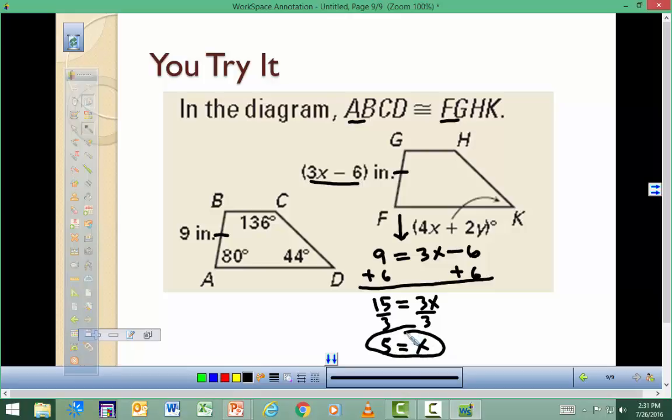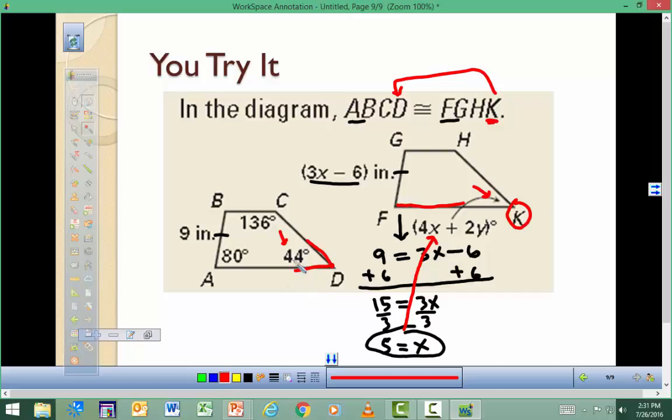Now that you've got x figured out, notice we needed to find x first before we could solve for y, because we could substitute it in there. Let's work this out. This angle right here is angle K. Angle K matches up with angle D. D is right here, and we know the measure of that angle is 44.